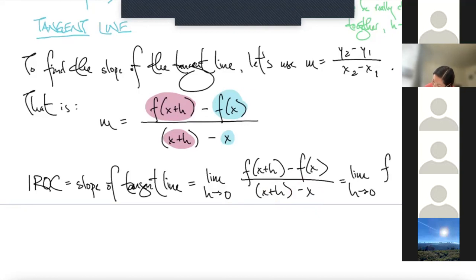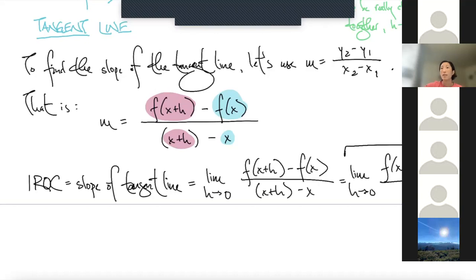So then we have f of x plus h minus f of x all over h, okay? So yes, Sophia, we can simplify that denominator. And in fact, this is the more common form that we see. If you look up the formal definition or you look up instantaneous rate of change, you're going to get to this formula, okay?